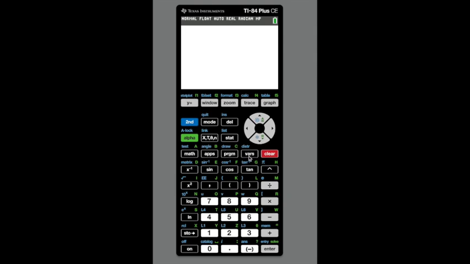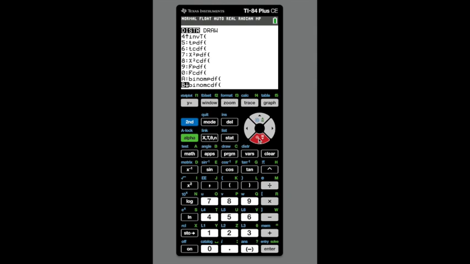Above the VARS button, there'll be a shift menu, D-I-S-T-R for distribution. You want to hit the second button and then the VARS button in order to access that distribution menu. So you're going to hit second VARS, and then you'll have a whole bunch of distributions that come up. You want to scroll down until you find binomial PDF and binomial CDF.